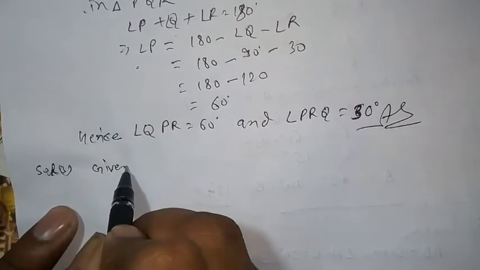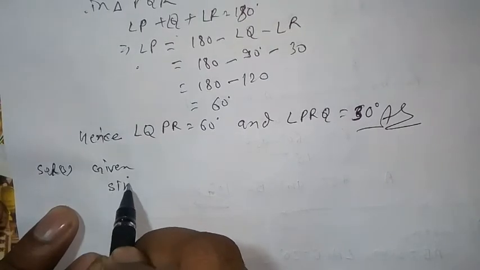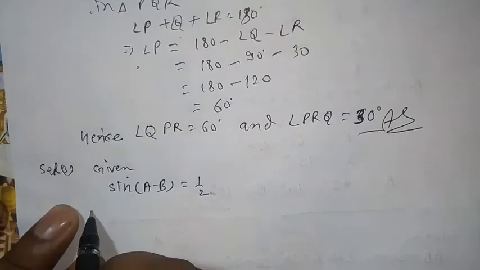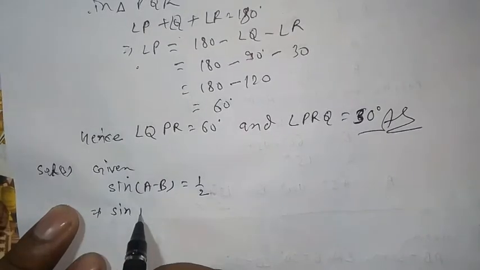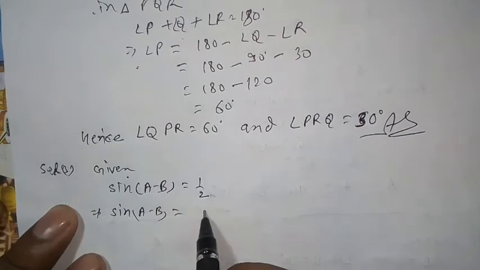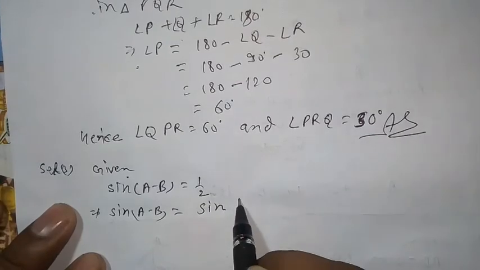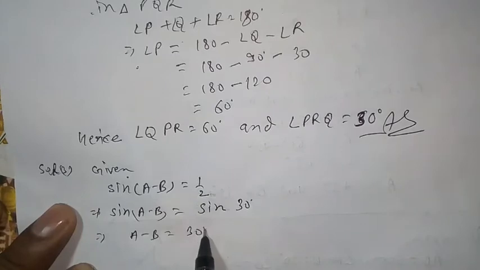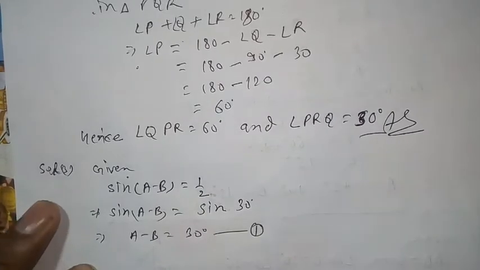Given sin(A − B) = 1/2, implies sin(A − B) = sin 30 degree, implies A − B = 30 degree. Equation 1.